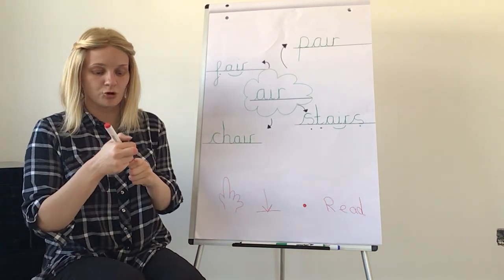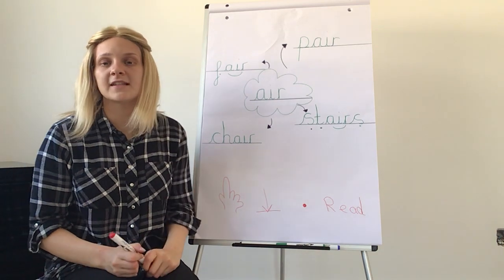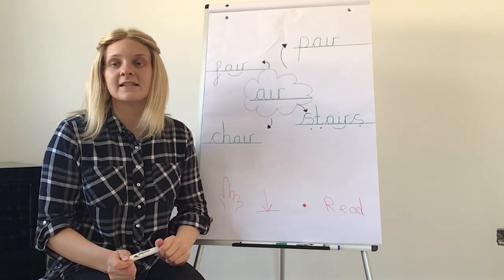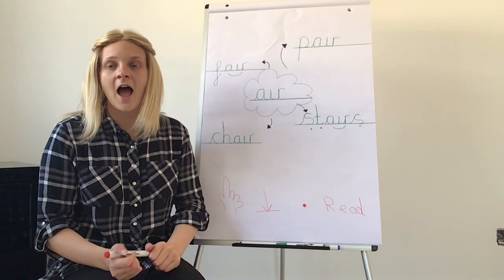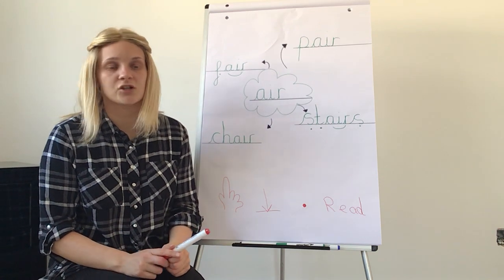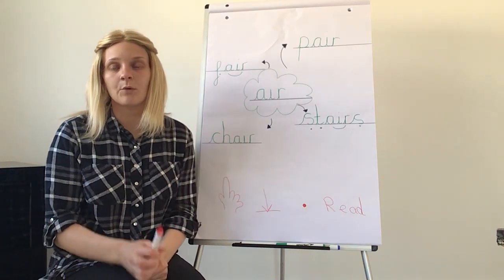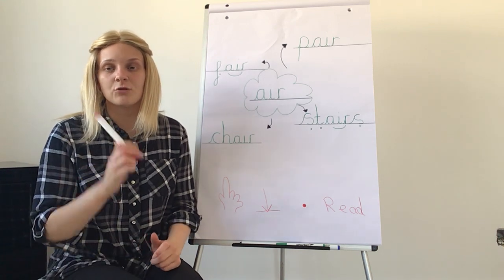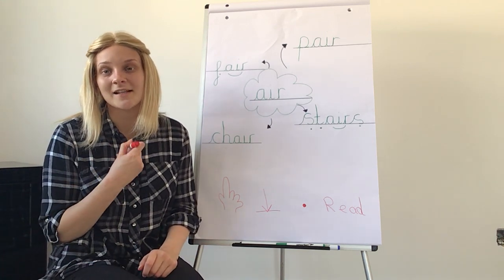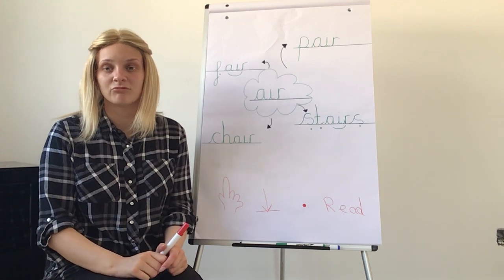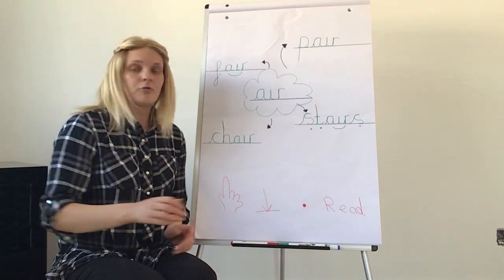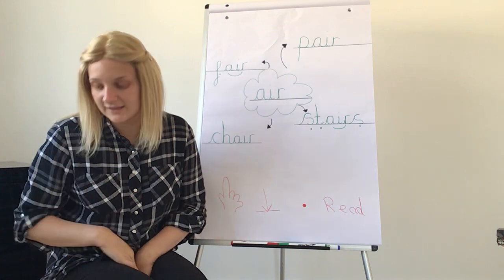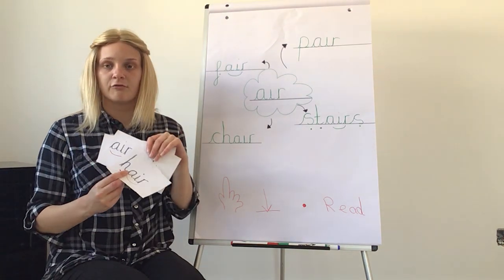So this means your work, if you include all of these things, it should be really easy to read by yourself and by others around you. So when you've written your sentence, I want you to read it back to make sure it makes sense. And if you can read it, then everybody else and myself will be able to read it. So that's brilliant. Okay, so you may go now and finish your sentences, including the 3 words.